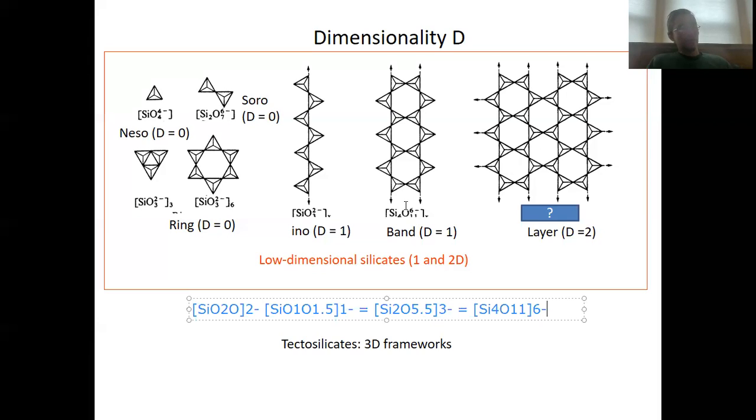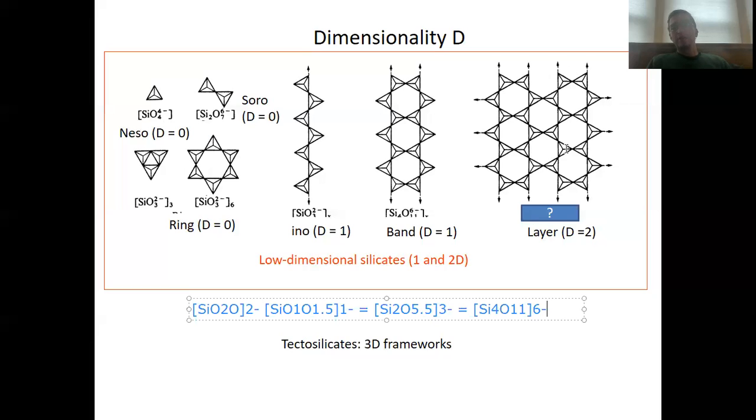All right, so last but not least, let's go to the two-dimensional silicates. In a two-dimensional silicate, you have an extended silicate structure in two dimensions. This is shown here in an example.